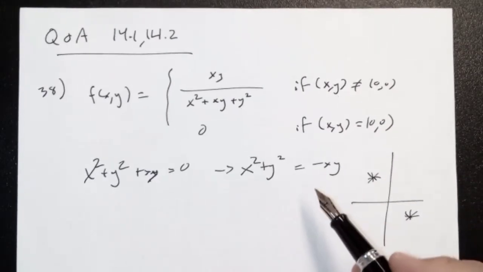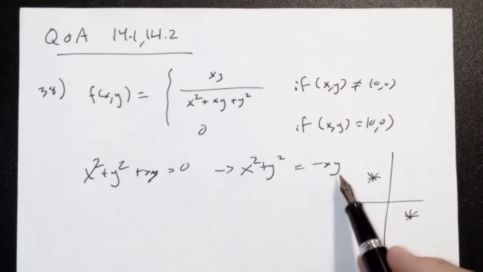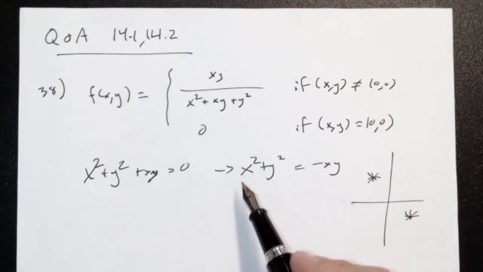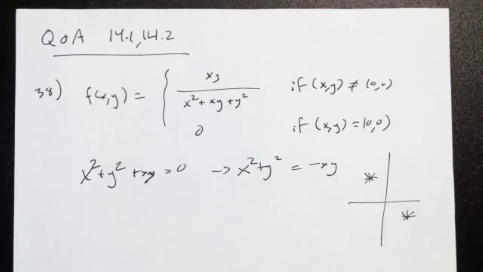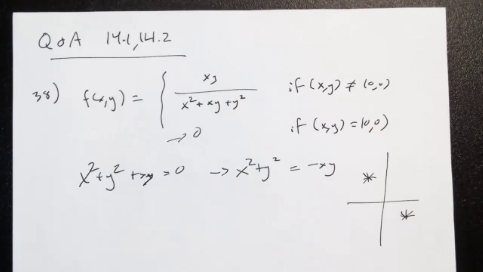If I look where x and y are equal, then I would have 2x squared equals minus x squared. That doesn't work. If I look at where y is minus 2x, I don't think I can make this match here. I think the only problem point is going to be 0.